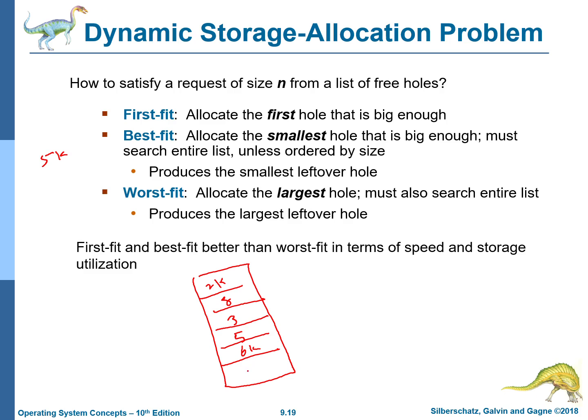partitions available here, maybe holes or maybe partitions. What we do is see whichever is the first fit we find, and this new process will be moved to that location. So though we have 5k here, still it will be moved to the box of 8k.